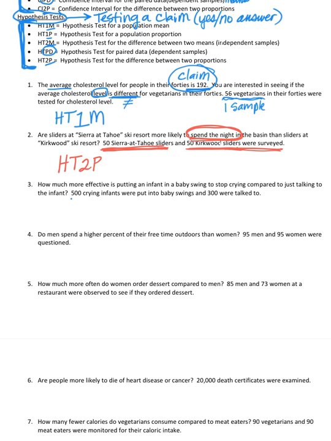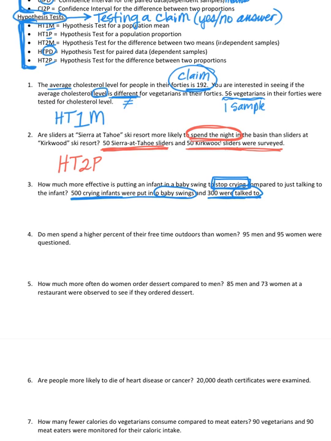Okay, so one thing I see is I have 500 crying infants in the swing and 300 crying infants that were talked to. So in a sense, those were the treatments, okay? All right. And what I'm trying to see, the result, is do they stop crying?